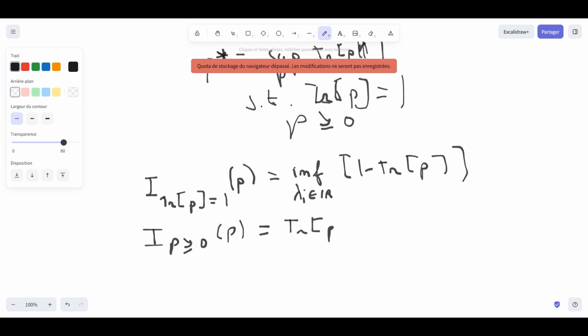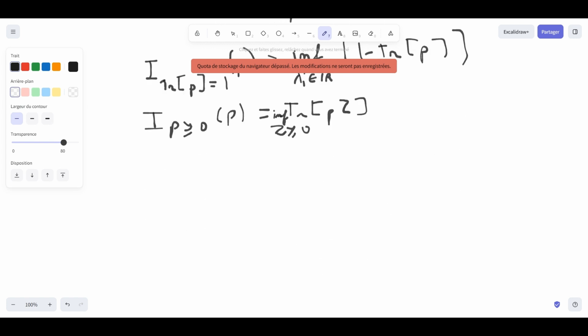The indicator of P being semi-positive definite is the inf over Z being semi-positive definite of trace of PZ, why not? And so now we can just rewrite the problem.